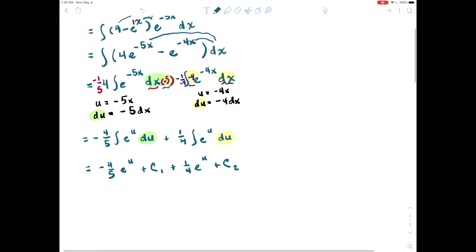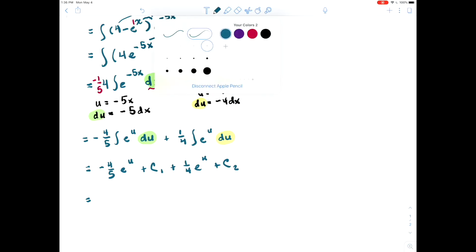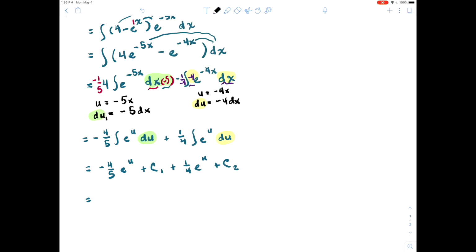Well, a constant plus another constant is going to be just a constant. So I think I will do a subscript. So if we call this du1 and du2 and u1 and u2, just to be on the safe side.